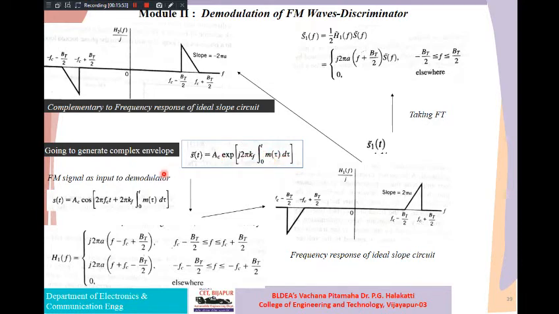So the FM signal, as input to the demodulator, we are applying here with this complex envelope. Our duty is to detect this complex envelope.